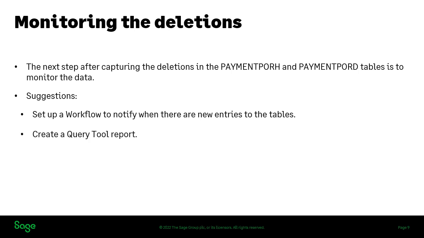You can create a query tool report that you can run periodically to see if there's any new activity. Or you can create a recurring Sage Enterprise Intelligence report that runs weekly, monthly, whatever you think is appropriate, to let you know that there's been updates.